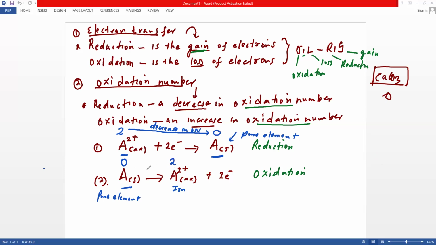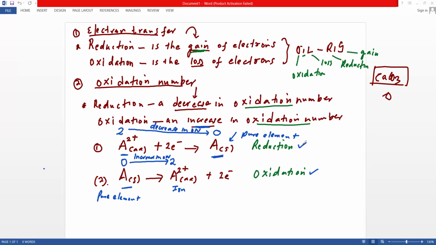So let's compare it. From 0, now it went to 2. You see, there is an increase in oxidation number. And what did I say? I said when there is an increase in oxidation number, it means that reaction undergoes oxidation. And when there is a decrease in oxidation number, the reaction undergoes reduction.